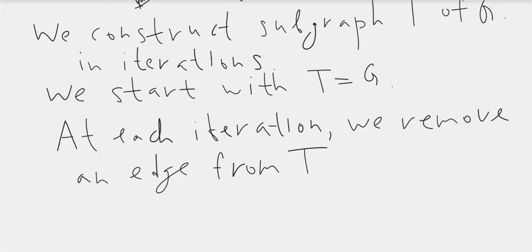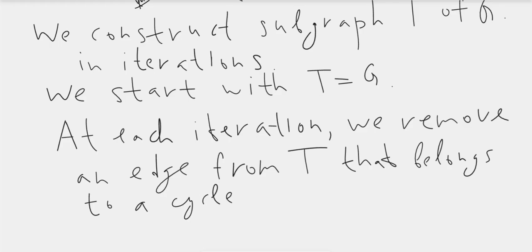So if there is any cycle remaining in T, then we remove an arbitrary edge of this cycle. If there are no cycles, then this is a tree.